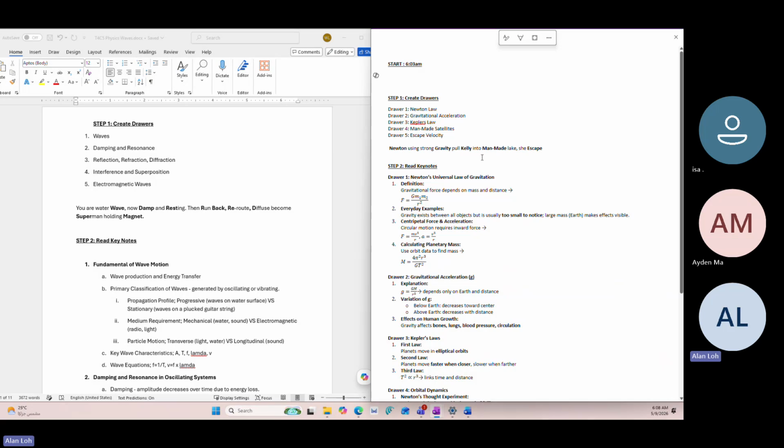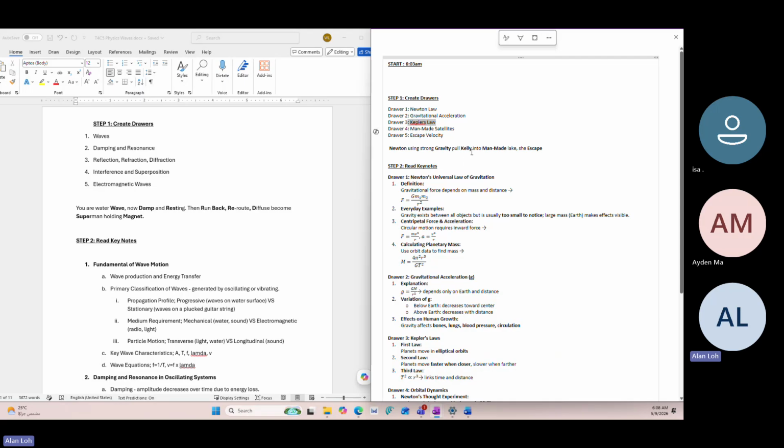Then Kelly escaped. Okay, this is to illustrate this story. Newton using strong gravity to pull Kelly into a man-made lake. She escaped. So the first drawer is Newton's law, using strong gravity, which is gravitational acceleration. Then pull Kelly. Kelly is Kepler's law, right?